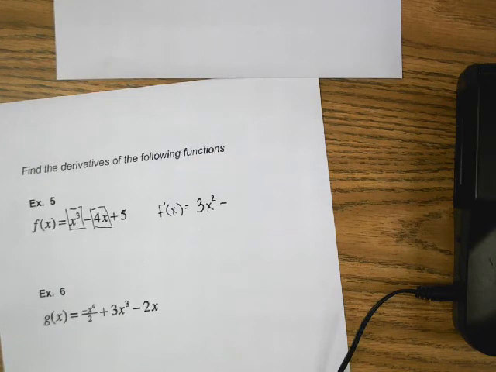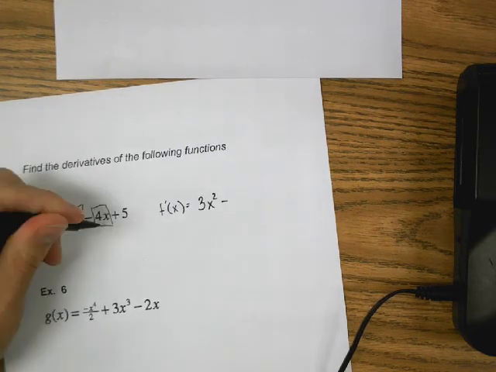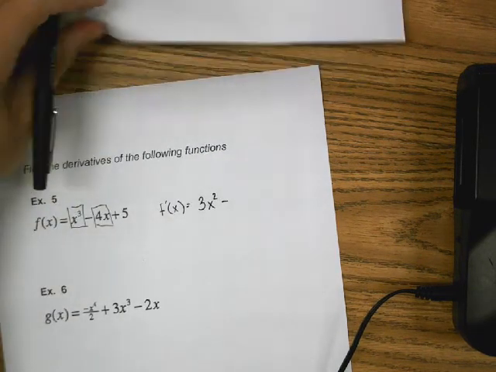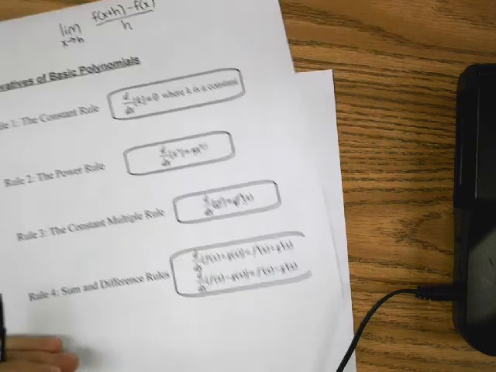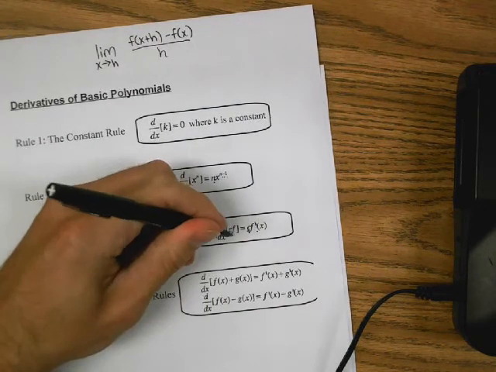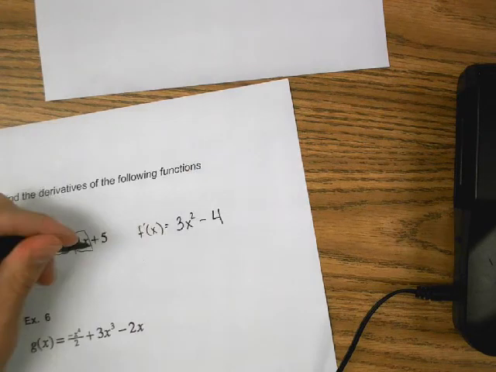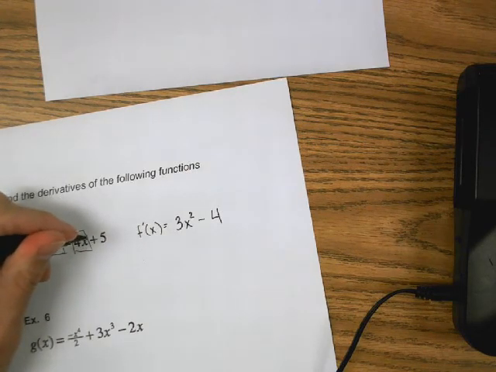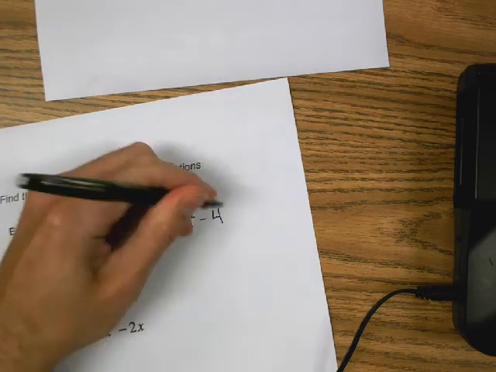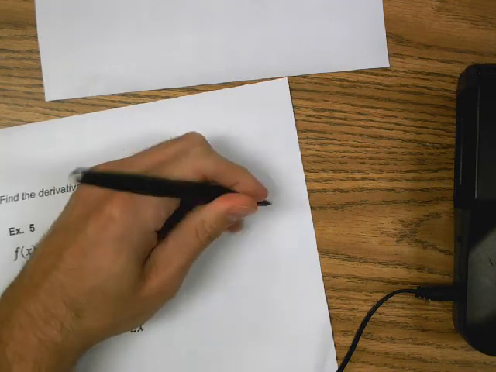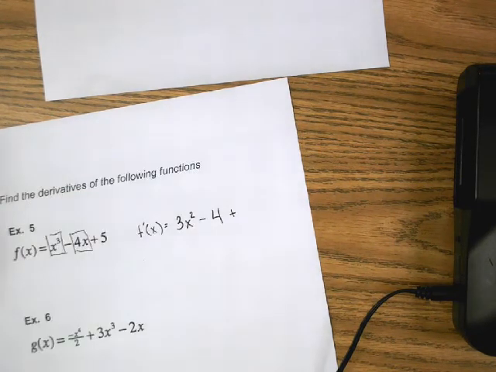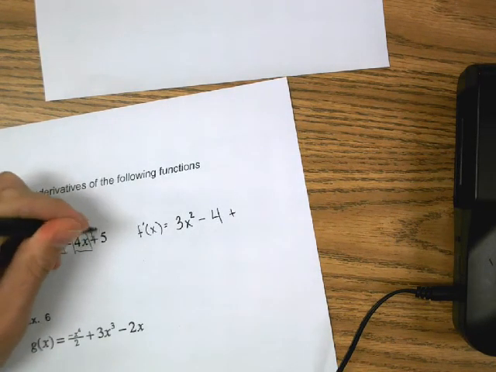Now I'm going to go minus, and now I can take the derivative of this one separately, the second term. Okay, this looks like a constant multiple rule because it's just 4x. Okay, so again, keep my constant. The derivative of the x is just x to the 0, which is just 1. So 4 times 1 is just 4.